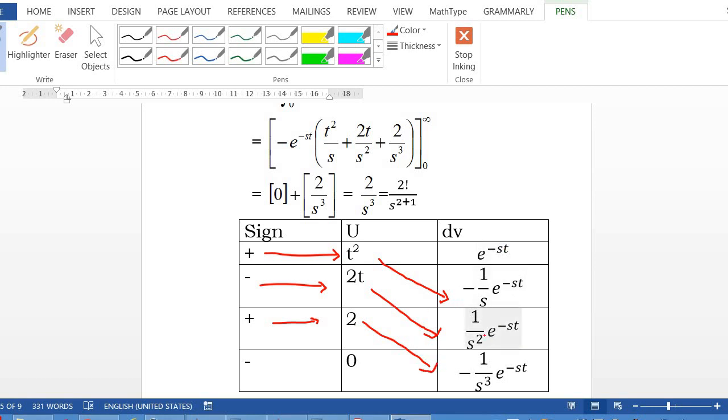Integrating exponent negative st: first time negative 1 over s exponent negative st, second time 1 over s squared exponent negative st, third time negative 1 over s cubed exponent negative st. For the result, I factor out negative exponent negative st, and you have t squared over s, then 2t over s squared, then 2 over s squared.